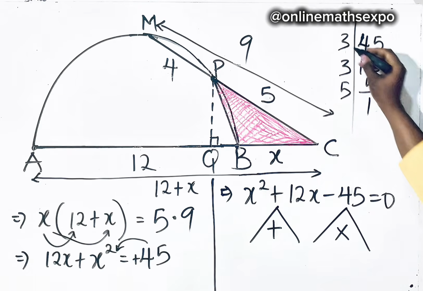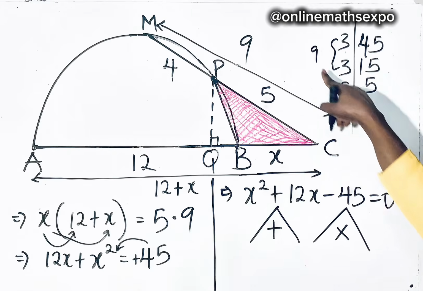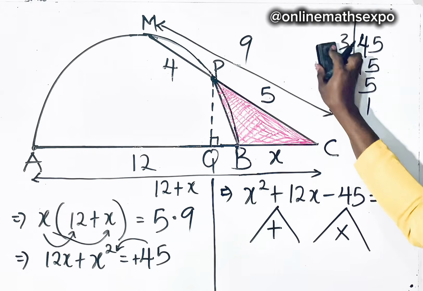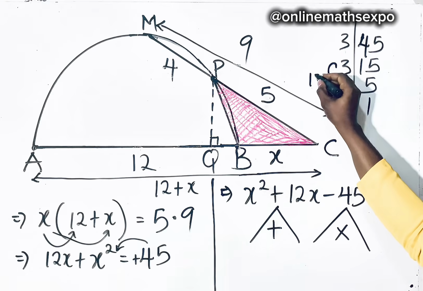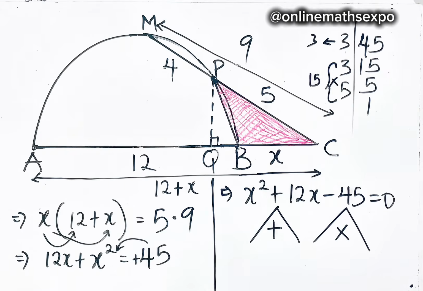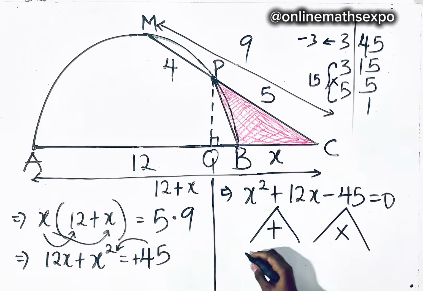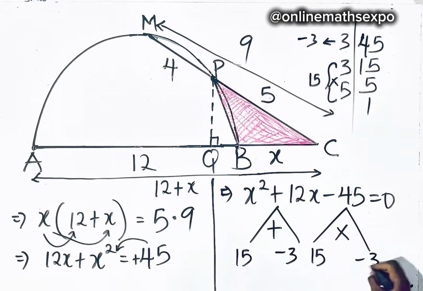So we can get 3, and this will give us 9 and 5. 9 and 5 is not close to 12 when you add. So we can adjust it to take this. If you multiply this, it gives you 15 and 3. You see that 3 and 15 is close to 12. This means that you are going to have negative 3 and positive 15. So these are the two factors that we have found.